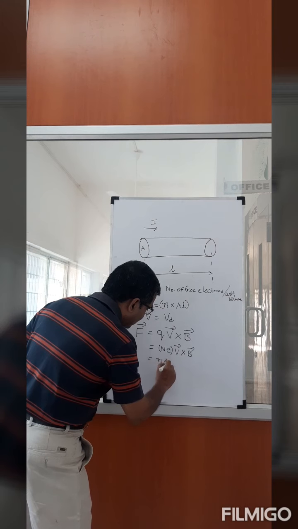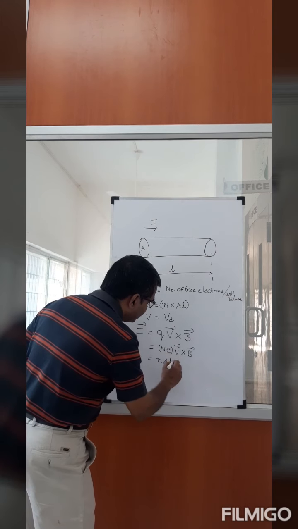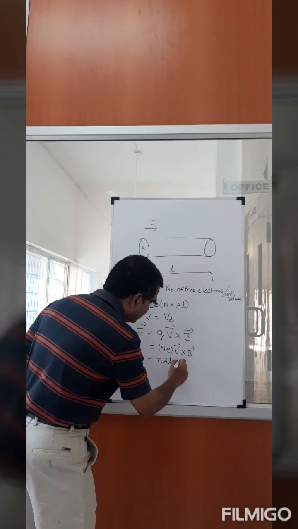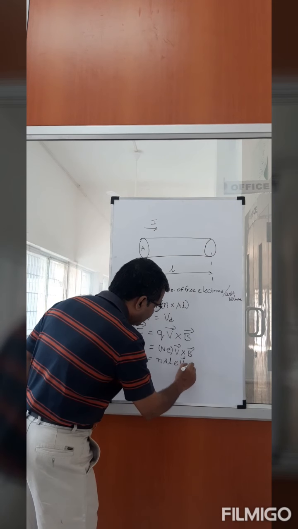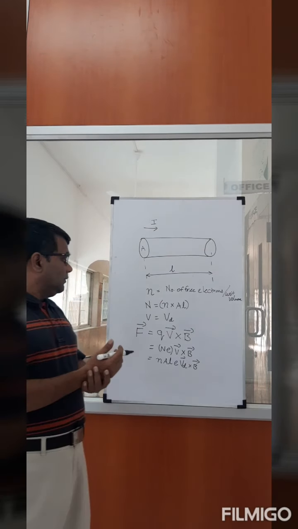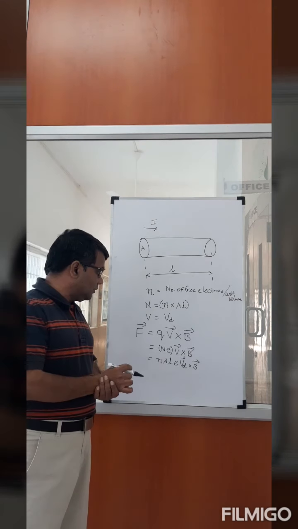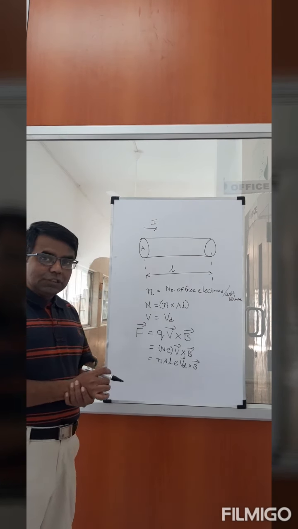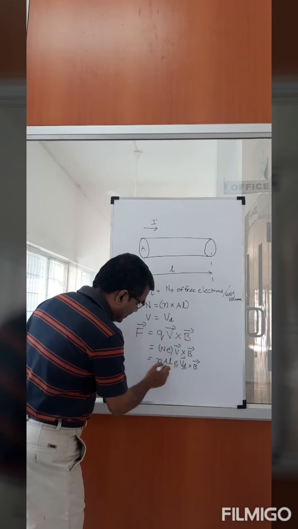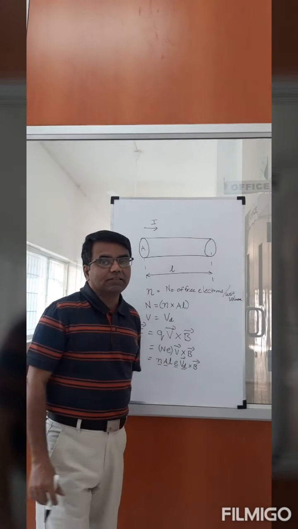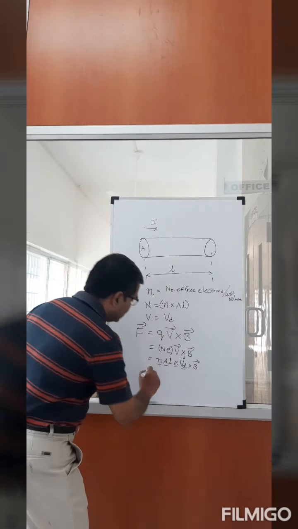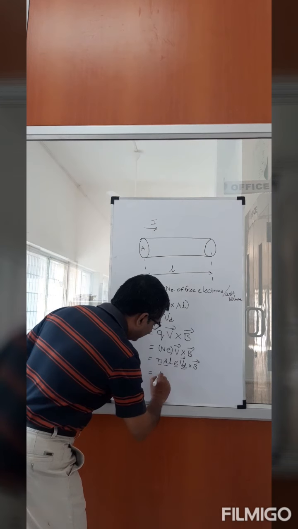So small n, AL, then e, and V is actually Vd, cross B. You may remember from your previous lessons that n, e, Vd, A is actually the current. I is equal to n e A Vd. So this will be I.